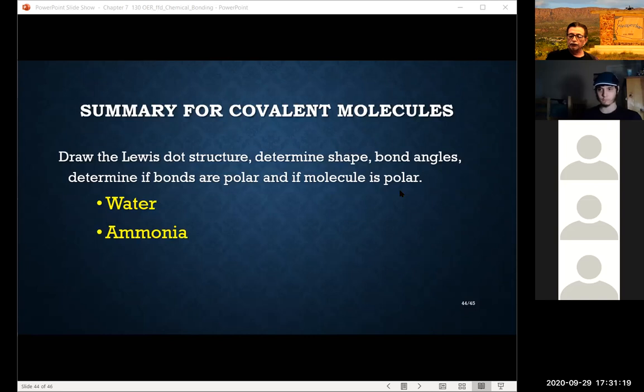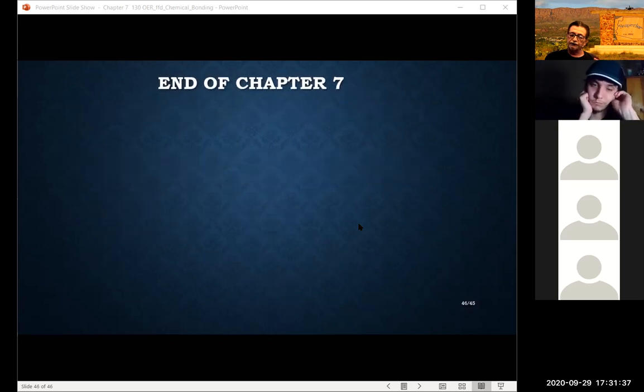We did water, we did ammonia. You might go back to refresh your memory to draw the Lewis structure, determine the shape, the bond angles, and determine if the bonds are polar or whether the molecule is polar. You might do that on your side.